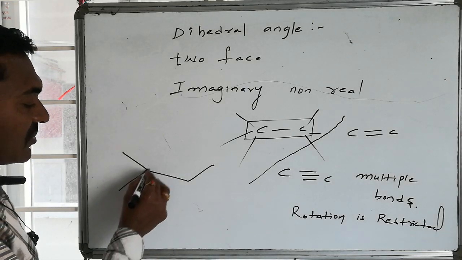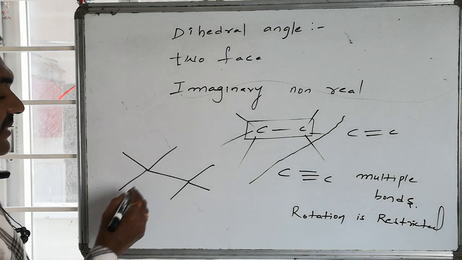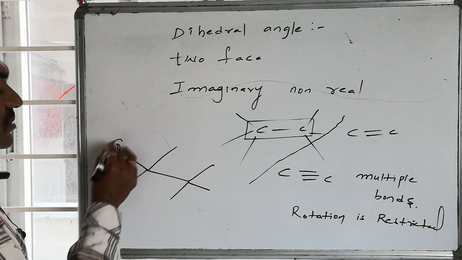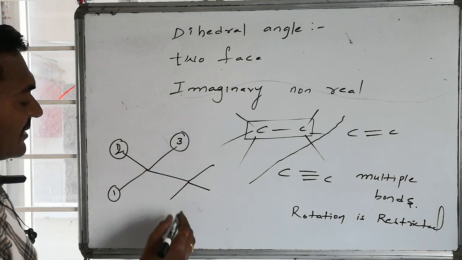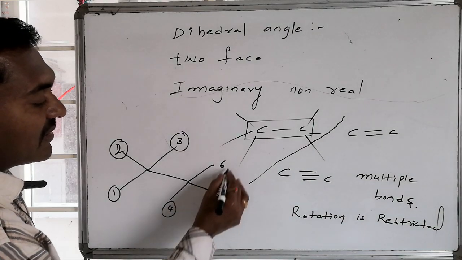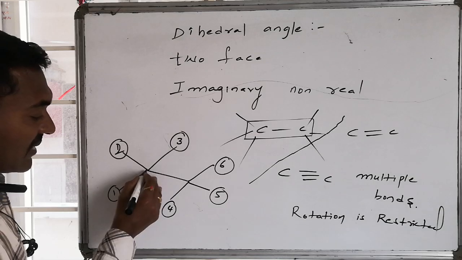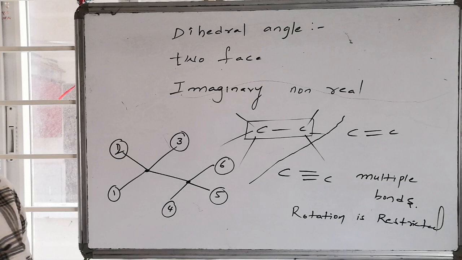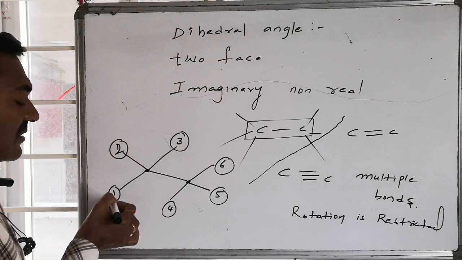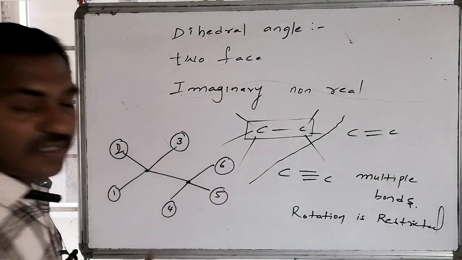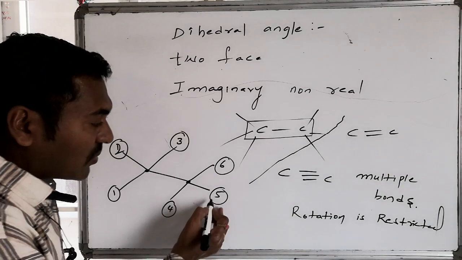This is carbon 1, this is carbon 2. The carbons are connected with a sigma bond, and carbon 1 has three other valencies numbered 1, 2 and 3, whereas the valencies on the next carbon atom are numbered 4, 5 and 6.